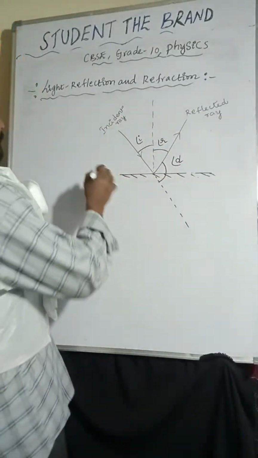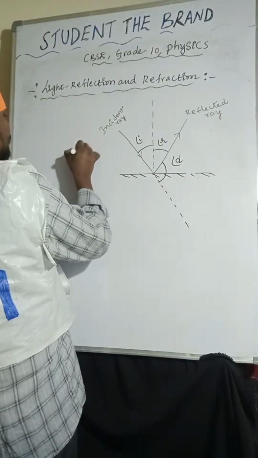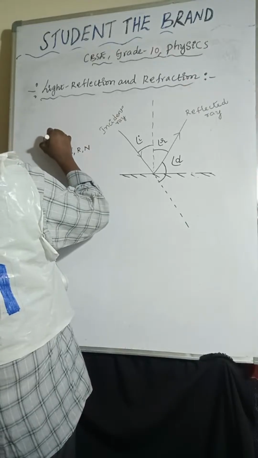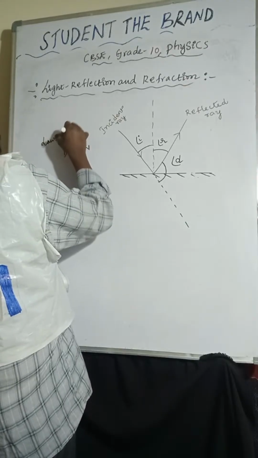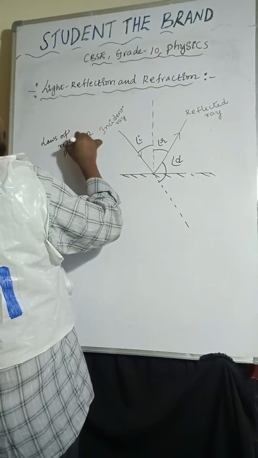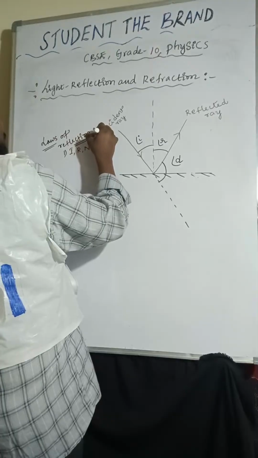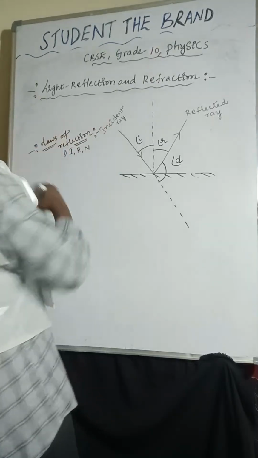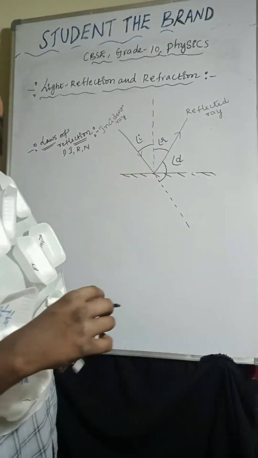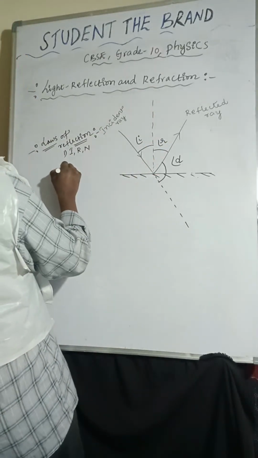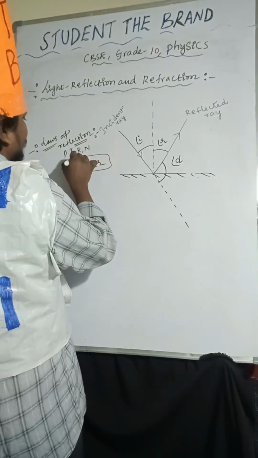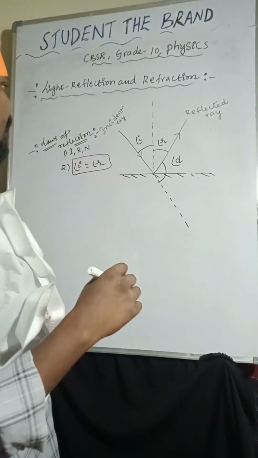These are the laws of reflection. First, the incident ray, reflected ray and normal line lie on the same plane. Next, the angle of incidence is equal to the angle of reflection.